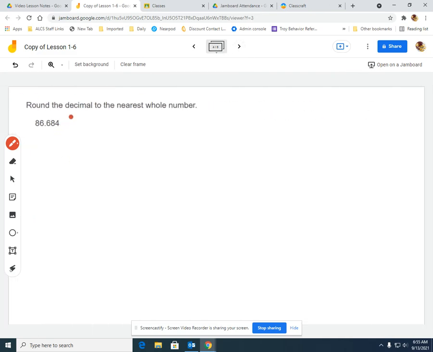I want to round to the nearest whole number. So now I've got this huge number, 86.684, which is read as 86 and 684 thousandths. I underline the digit in the rounding place. We are rounding to the nearest whole number. We said that equaled the ones place. So I underline the digit in the ones place. I look immediately to its right and I circle the digit to its right.